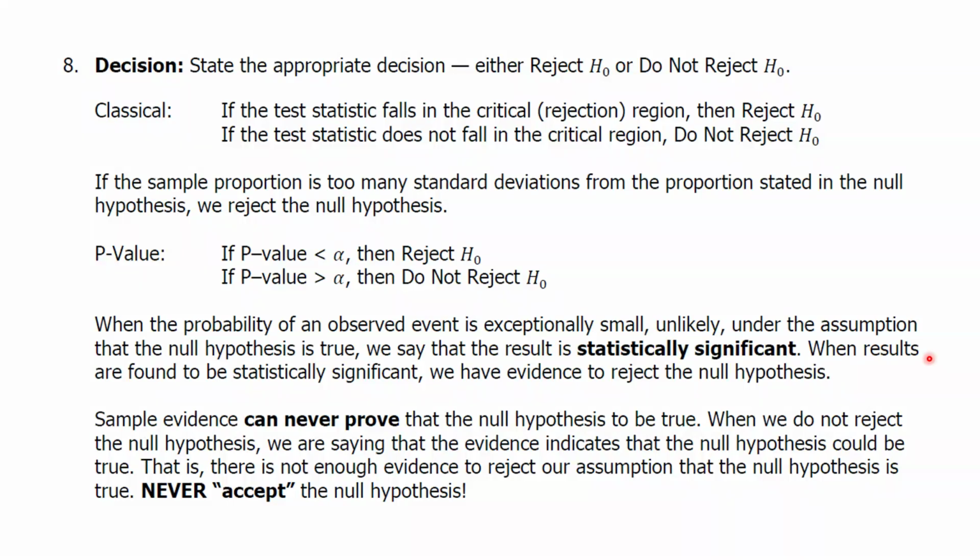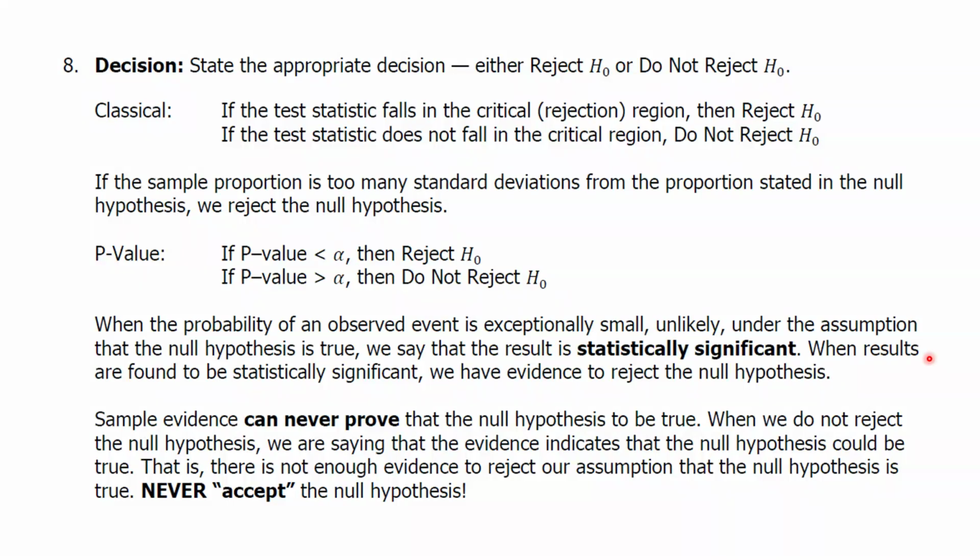If the test statistic does not fall into the critical region, then we do not reject the null. If the sample proportion is too many standard deviations away from the proportion stated in the null hypothesis, we reject the null hypothesis. Now for the p-value approach, if the p-value is less than alpha, then we will reject the null. If the p-value is greater than alpha, then we do not reject the null.